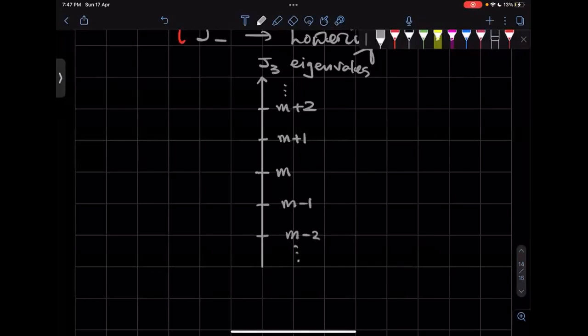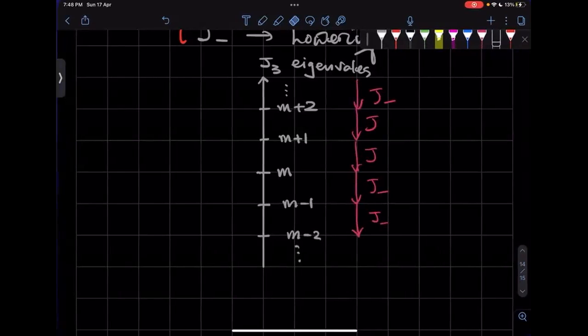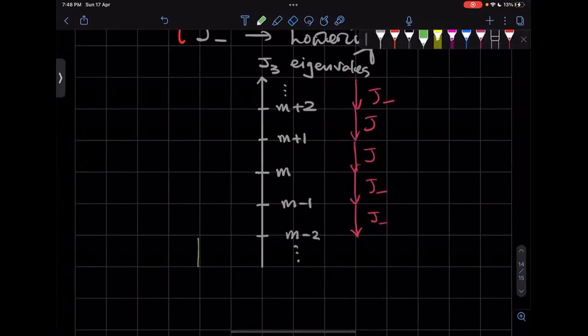The J minus operators take you down one unit, whereas the J plus operators take you up one unit.